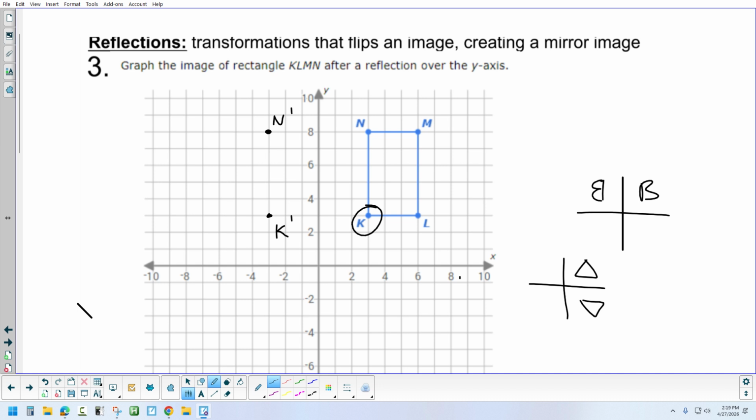Nathan, what letter do you want to look at next? M. Okay, how far away is M from the line that we're reflecting over? What line are we reflecting over here? So example 3, it says the y-axis.